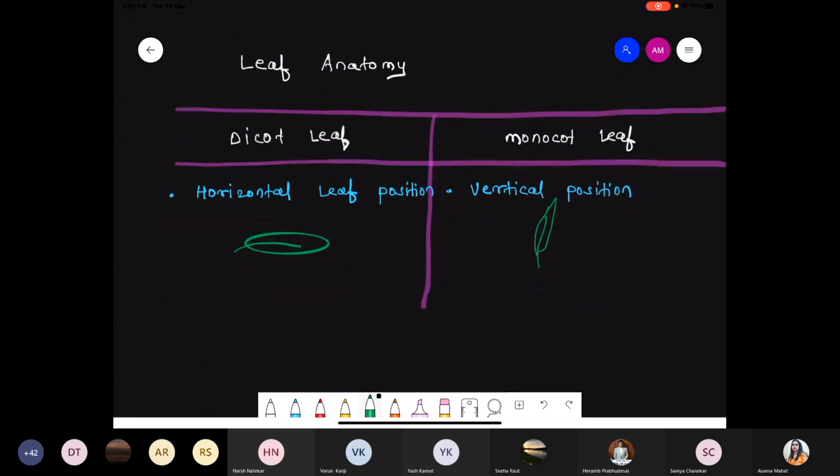Now another point. Due to this kind of leaf arrangement, it directly affects the light also.